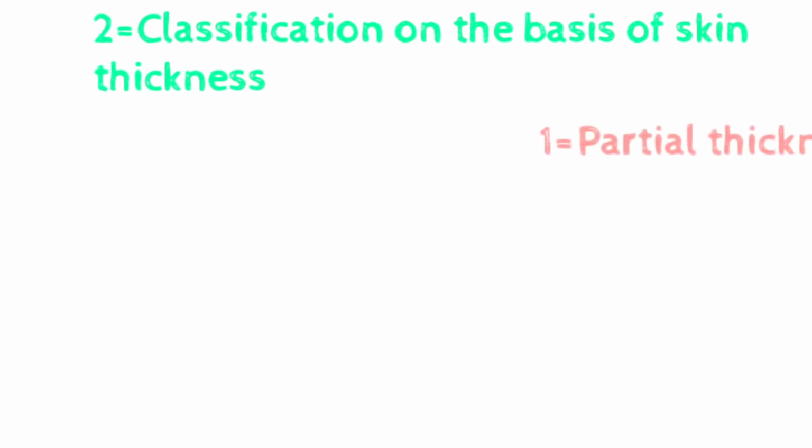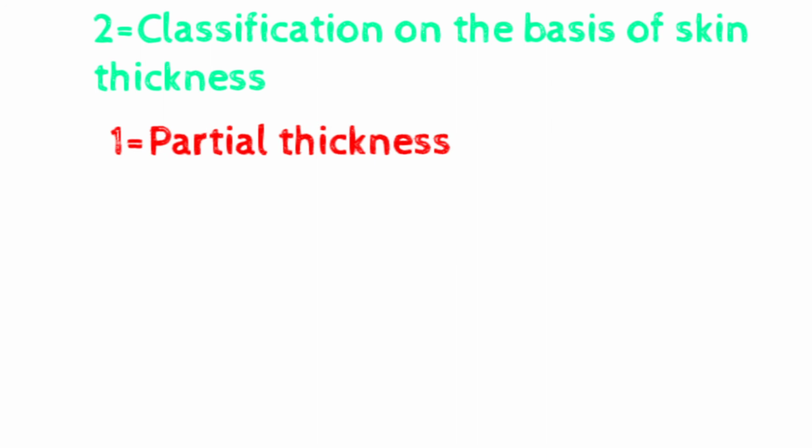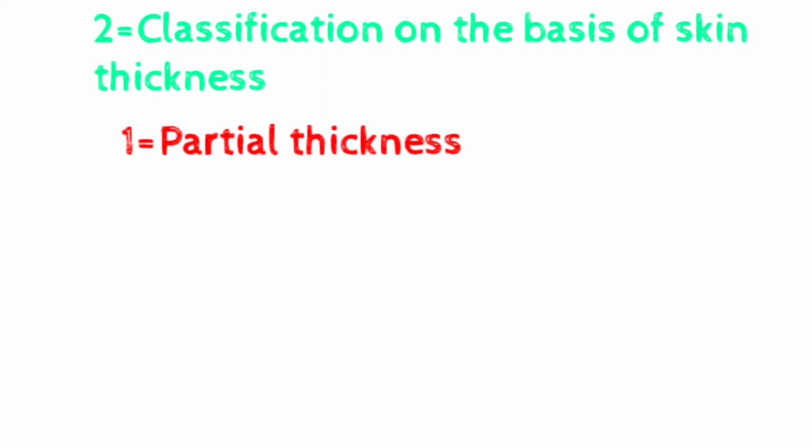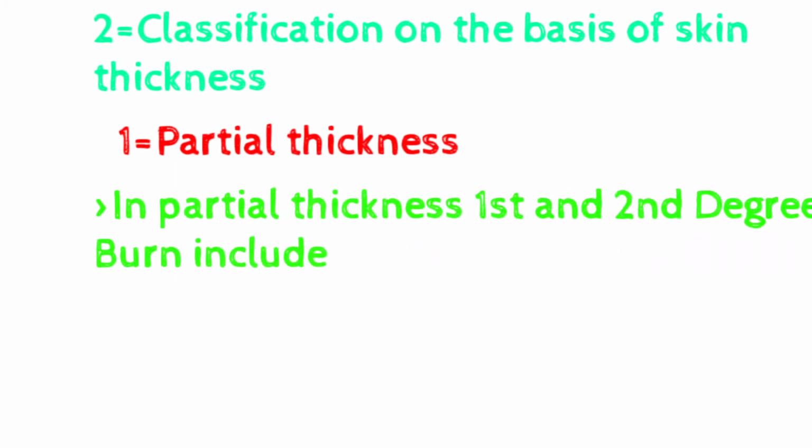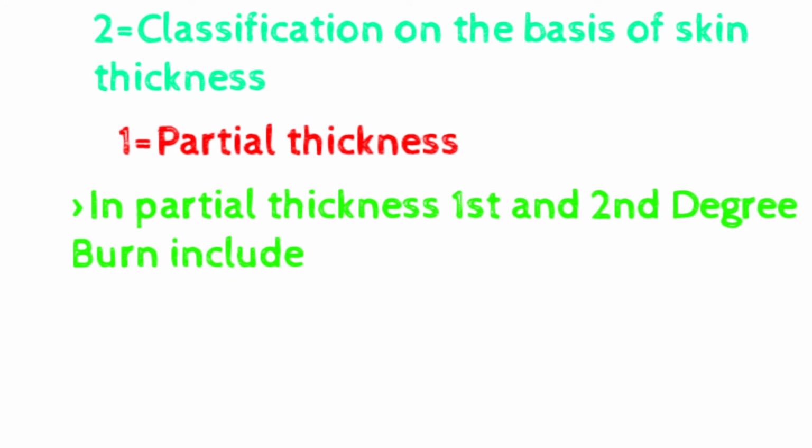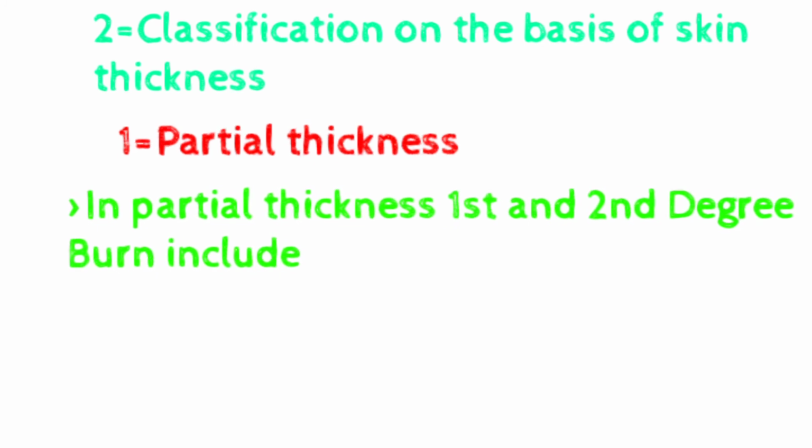Second is the classification on the basis of skin thickness. First we classified burn on the basis of skin layers involved, but here it is skin thickness. Skin thickness may be partial thickness or full thickness.